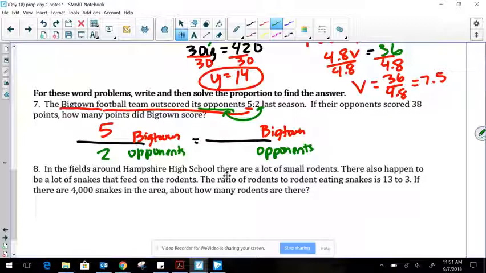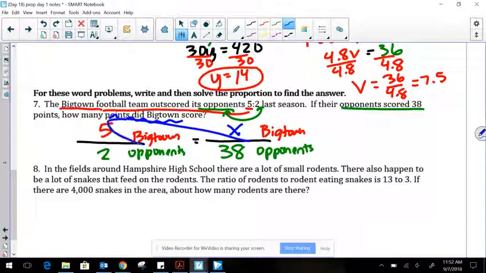Then we're going to keep reading the rest of the problem. And we have this 38 here that goes with opponents. So plug in their 38. Now I'm solving for how many points did Big Town score. I'm going to put an X there. Now I cross multiply.